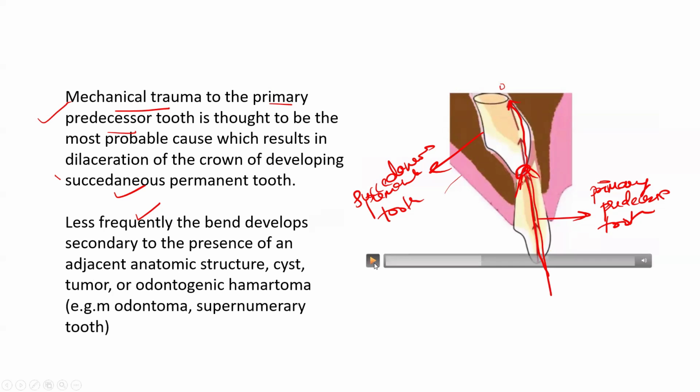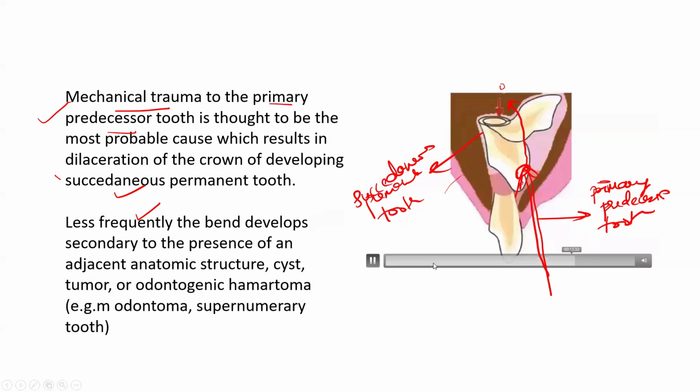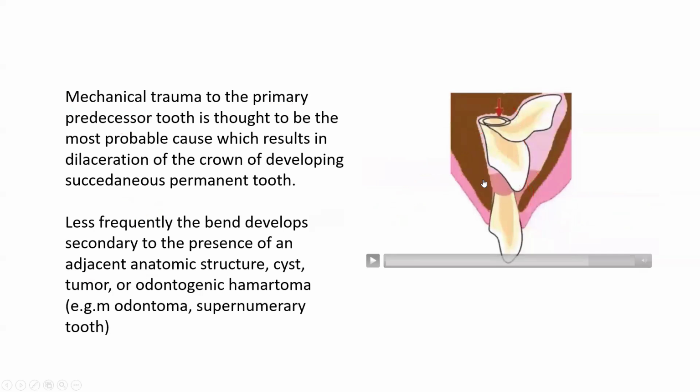Now what happens? In the later part of the video, you can see that the entire crown portion along with the root has displaced in an upward direction within its follicle. So the developed portion of the tooth along with the developed portion of the root is displaced in an upward direction in the follicle.